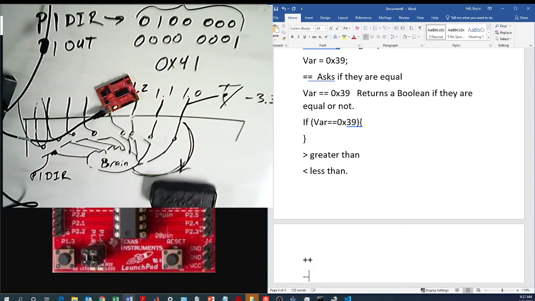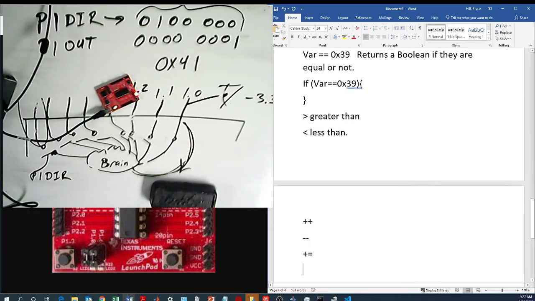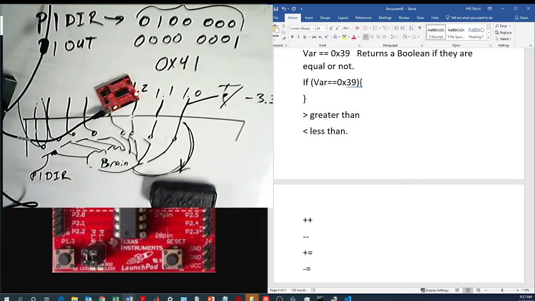Plus plus, minus minus, plus equals, minus equals. I'm going to ask you to go and look these ones up. This one adds something to our current value. So if we have var plus plus, it just increments it. Var minus minus just decrements it.